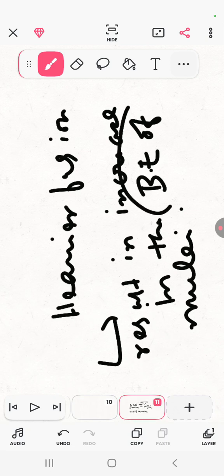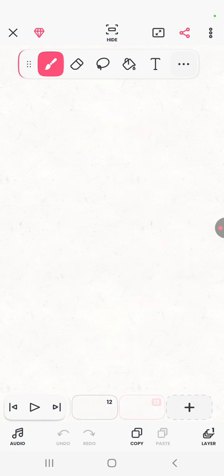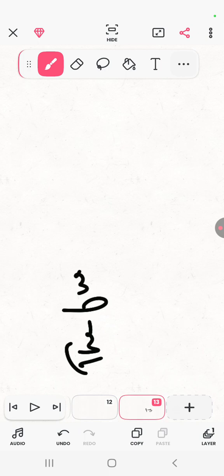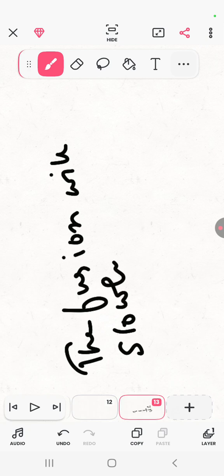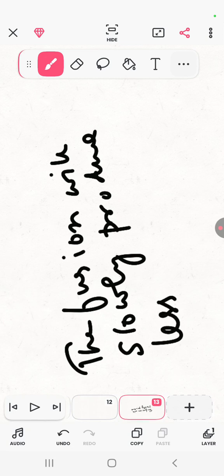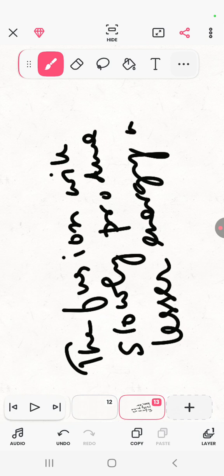Now, what would this mean? This means the fusion will slowly produce lesser energy with time.